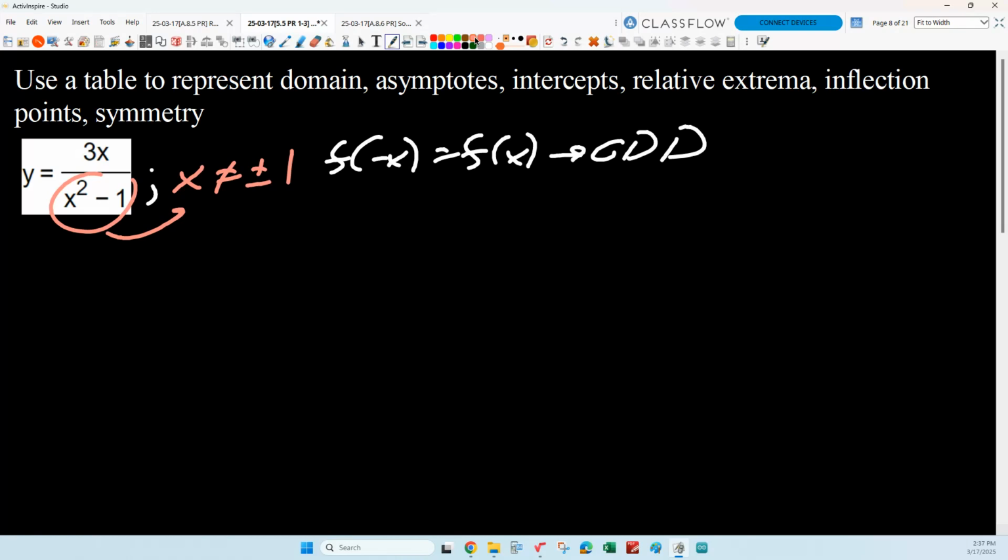So wouldn't you agree that the zeros of the bottom are plus or minus 1? The top is not 0 at positive 1, nor is it 0 at negative 1, right? So those are vertical asymptotes, right? Because I would get 3 over 0 or negative 3 over 0, right? Okay.